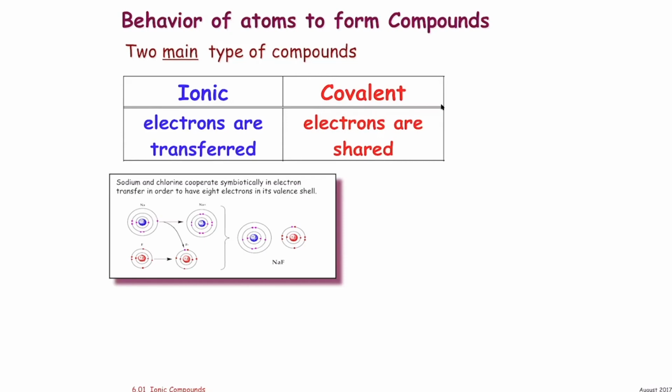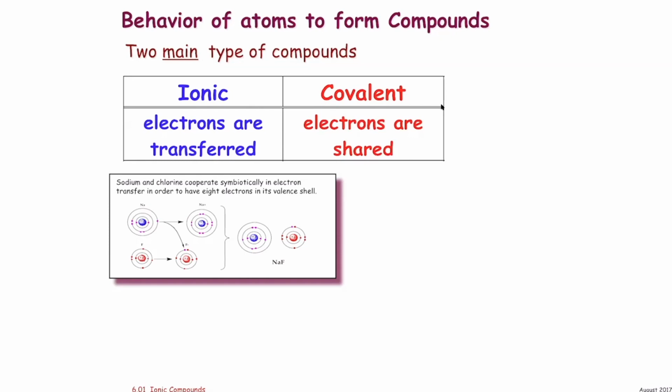If it can pick up 1 more, it has 8, and 8 is the magic number. If it can have 8 in its outermost shell, it has the same number of electrons as a noble gas. And that's how chemistry is made. When atoms react with each other, it's to ensure that the electron count in the outermost shells is stable.